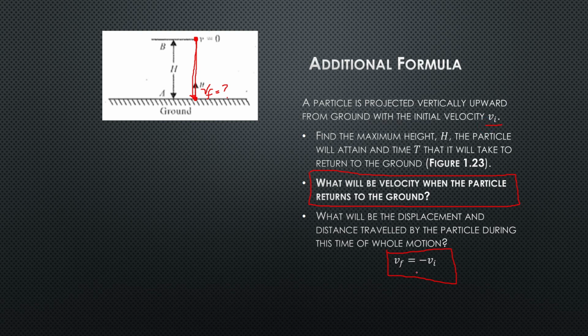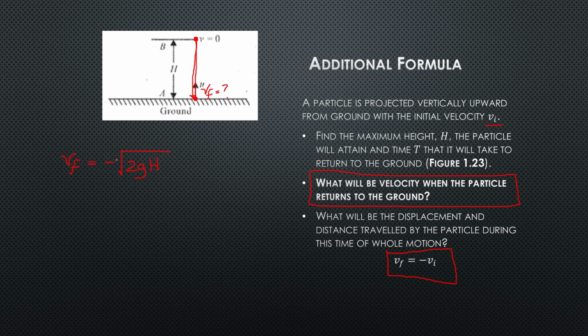So how are we going to prove this one? Using the formula from the previous example, final velocity is equivalent to negative square root of twice the acceleration of gravity and its maximum height.